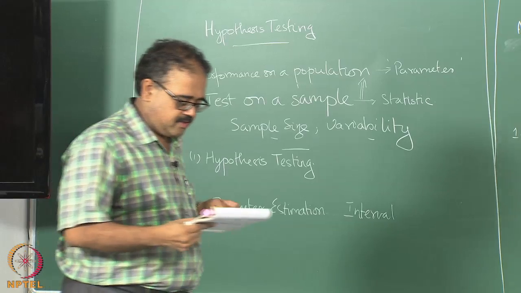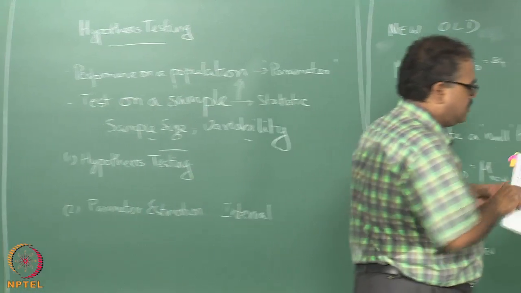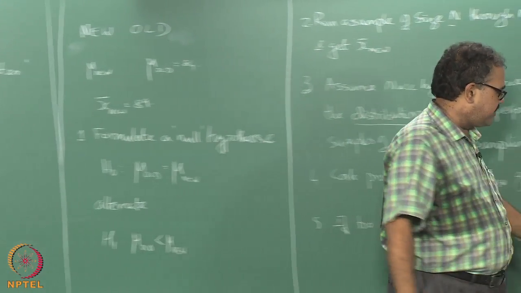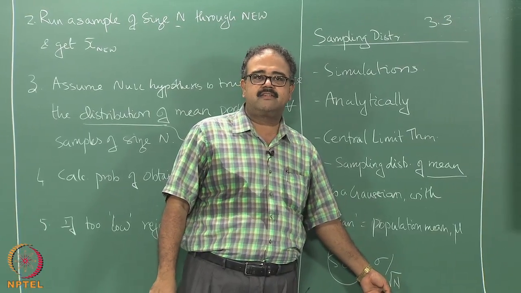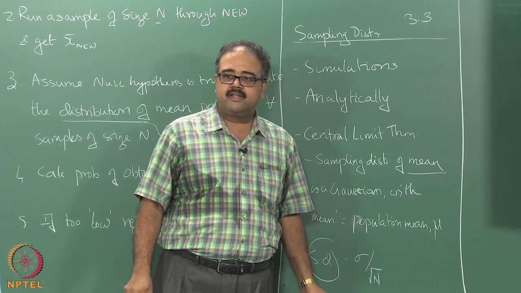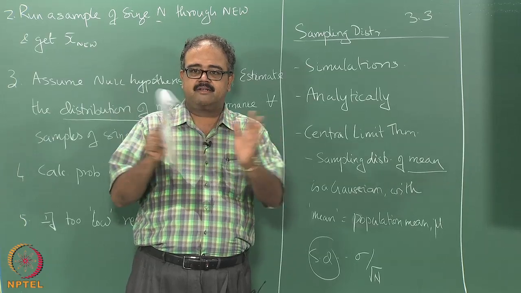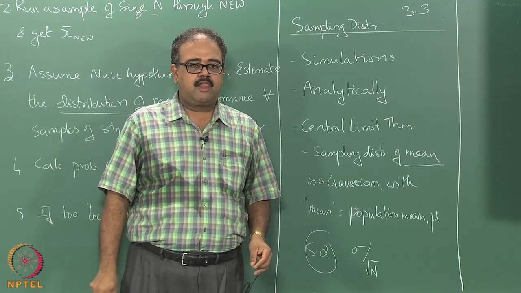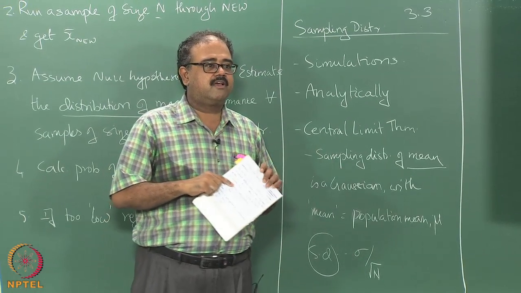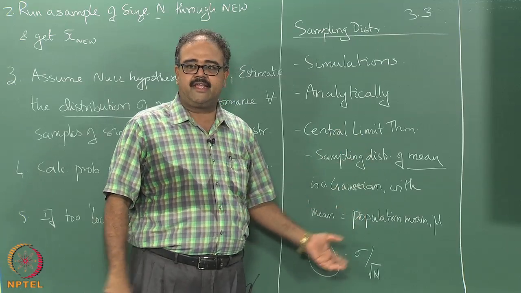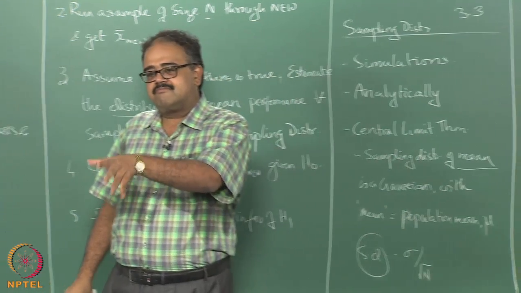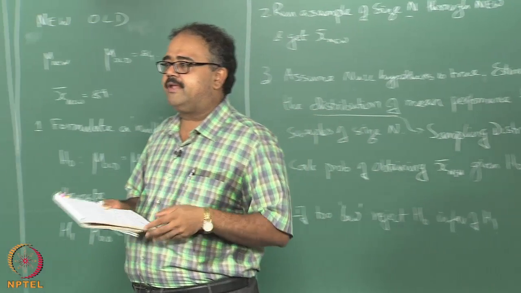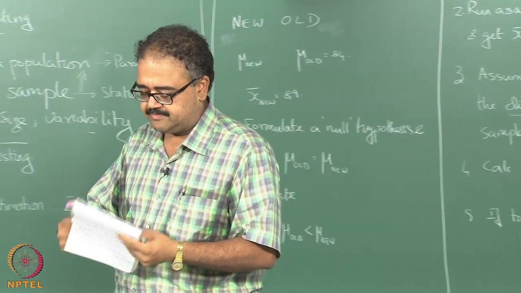Empirically, we can say that n greater than or equal to 30 indicates n is large enough that the standard error becomes small. If the standard error becomes small, what happens? Any sample of size n I can take and estimate the statistic, and with a very high probability I will be more or less correct. So that is what it means.